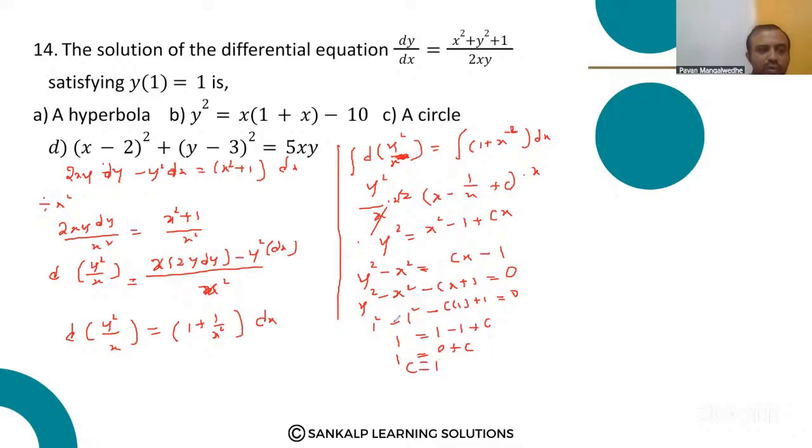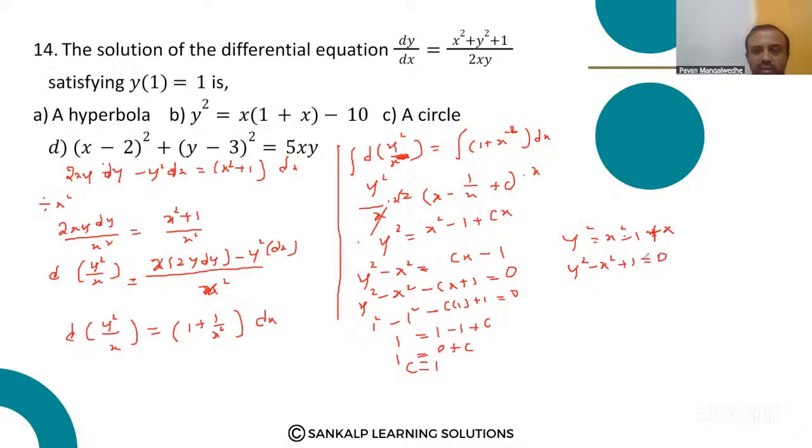So using this condition, y square equals x square minus 1 plus x.